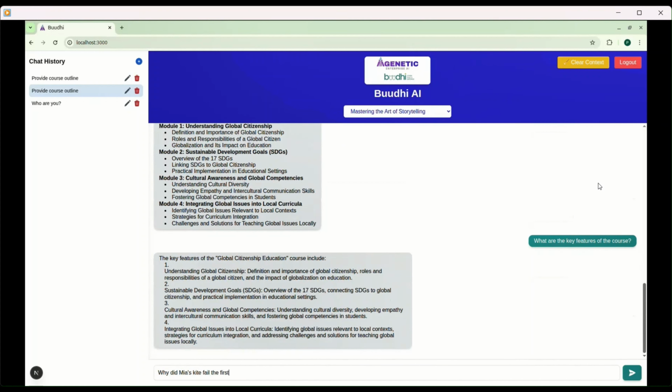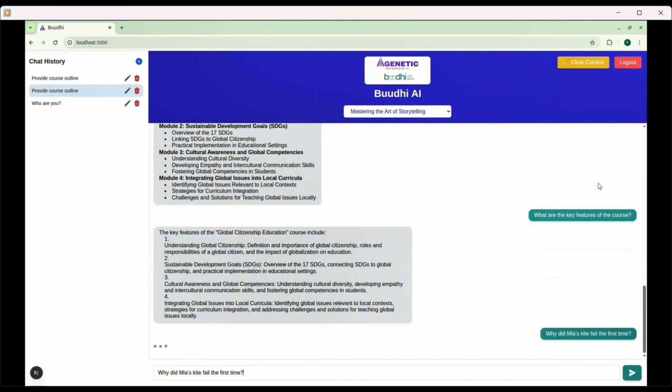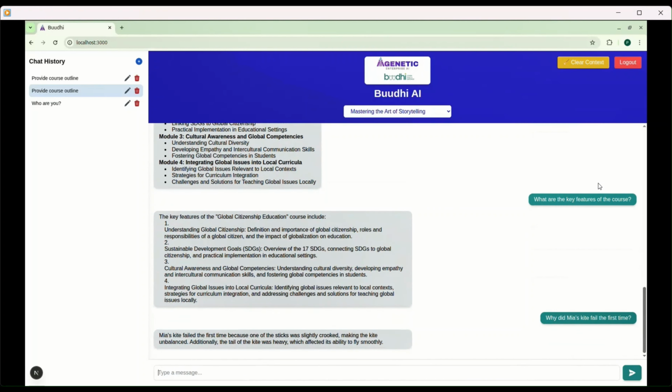Why did Mia's kite fail the first time? This corresponds to a story which was used for delivering the course Mastering the Art of Storytelling. The answer is specific to that, and almost instantly it changes the context to something else, and the question will be specific to that, and the expected answer should be given based on the active context.